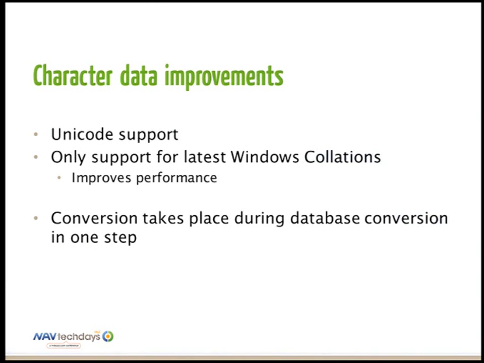We made a number of improvements when it comes to character data. We now support Unicode, which means that you can store different languages in the same database. However, there's still only one sorting supported. We only support Windows collations now, instead of SQL or the old Windows collations for that matter.